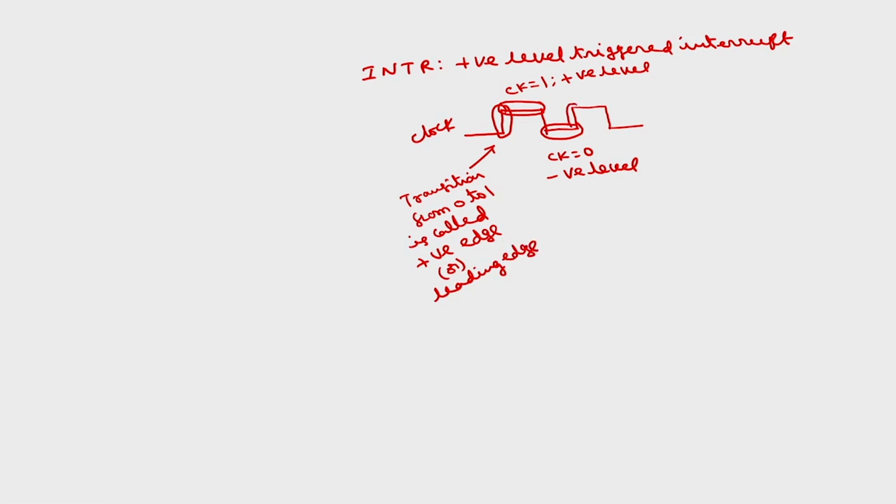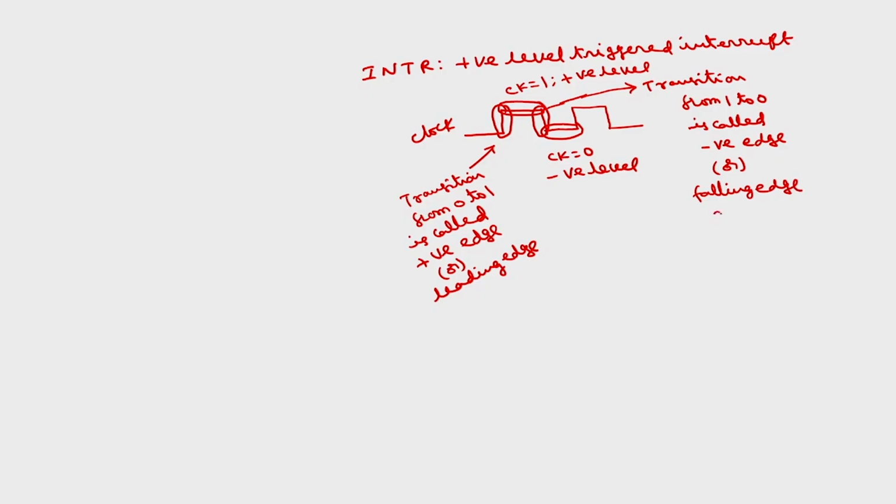Whereas the transition from 1 to 0 is called negative edge or falling edge, or even it is also called trailing edge.